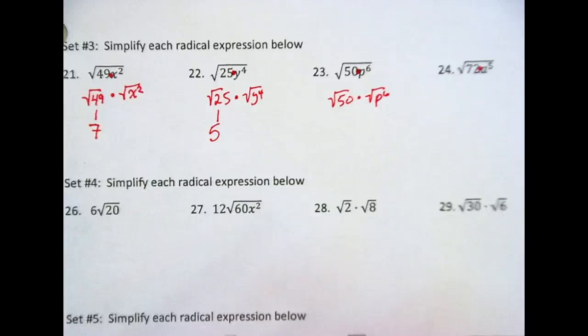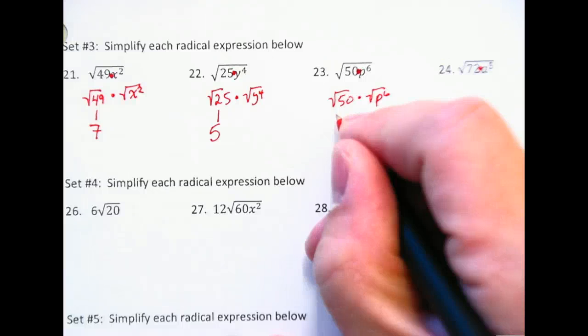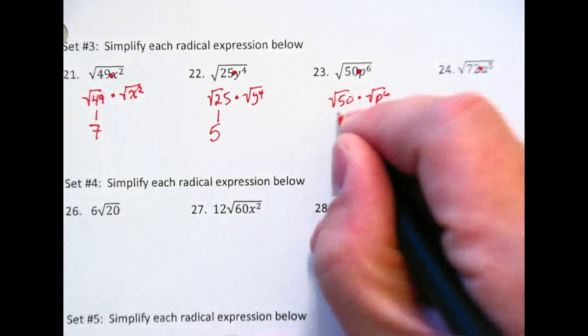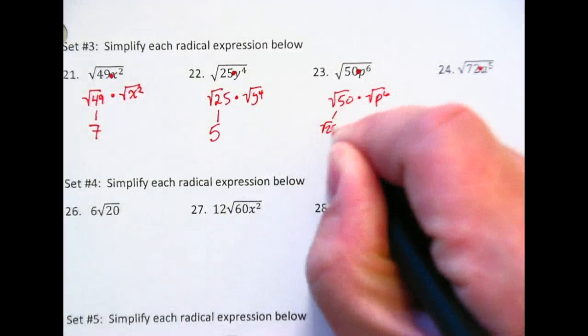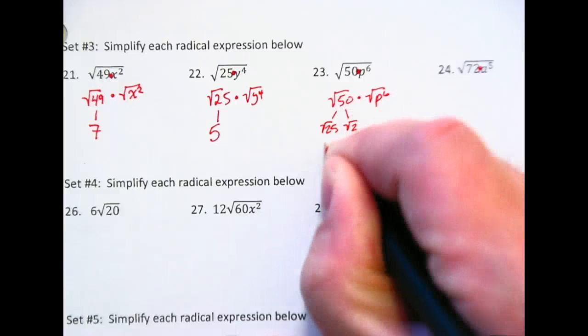Everyone simplify root 50. Break it apart. What do you got, Ayla? 5 times square root 2. So you broke it into root 25 by root 2, which gave you 5 root 2.